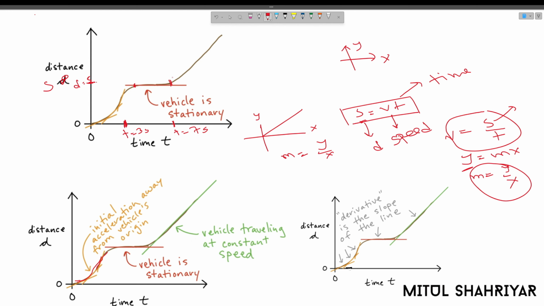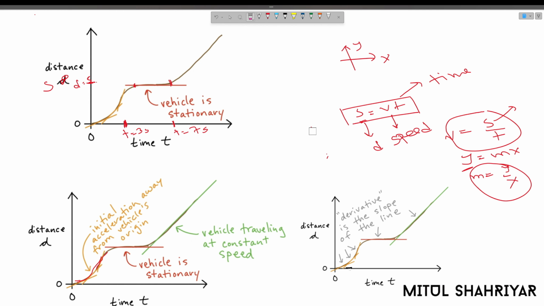Although this line seems somewhat curvy, it's almost a line if you plot it properly. So it refers to a constant speed, because when you fix the m, then the line actually looks like that. So we are continuously relating this graph with the linear algebra we have learned previously.